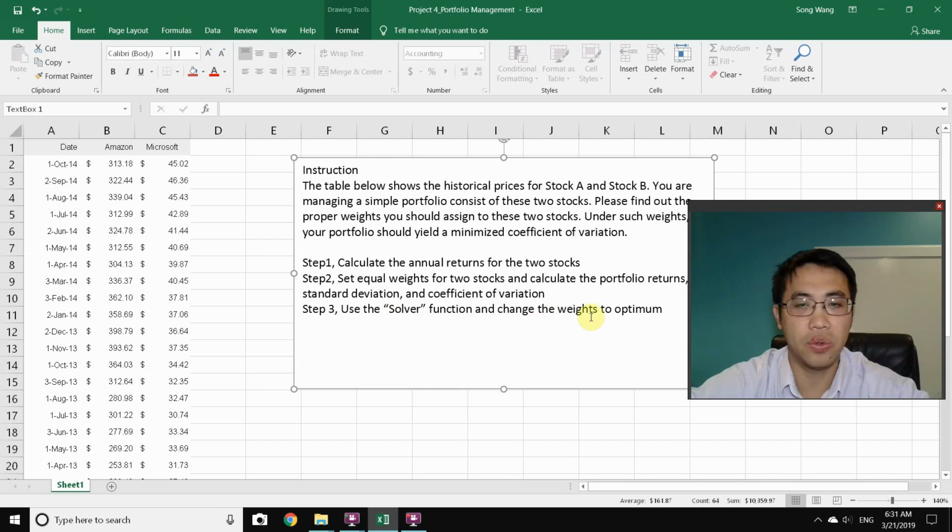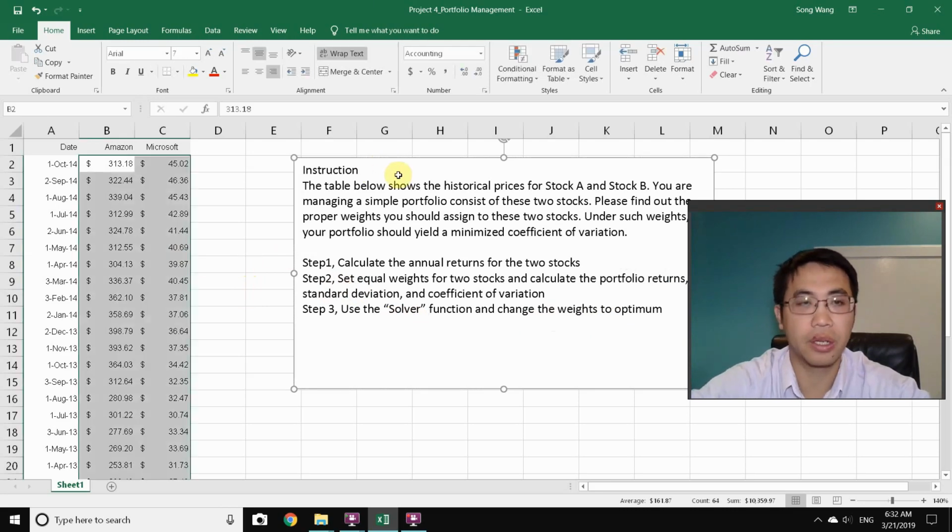And the last step is to get the optimal weight for your portfolio. Let's say maybe 50% is not the best combination. Your best combination may be 30%, 70%, 40%, or 60%. It really depends on what kind of asset allocation would yield the best risk and return combination. So this is what we're doing in this project.